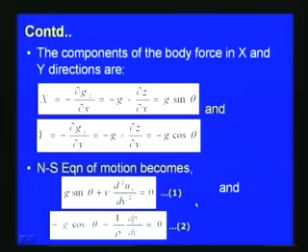Due to our assumptions, like steady state, the flow being parallel to the plate, and the flow width being large so that the z direction need not be considered, all other terms we can neglect, and finally we have simplified the Navier-Stokes equation in the form of equations 1 and 2.